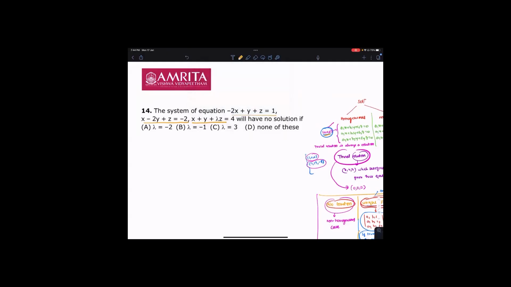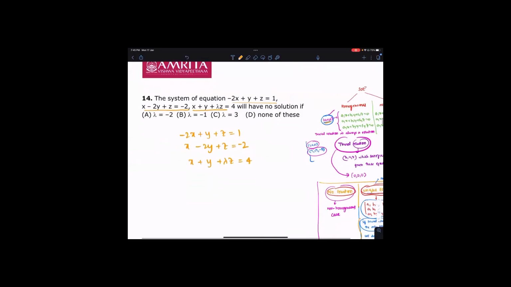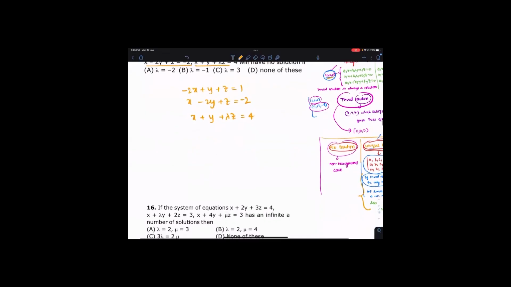Write down first those equations. x plus y plus z equals 1. x minus 2y plus z equals minus 2. And the last one is x plus y plus lambda z equals 4. Now, they have given no solution.